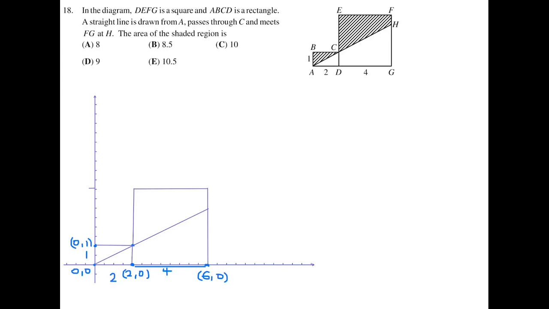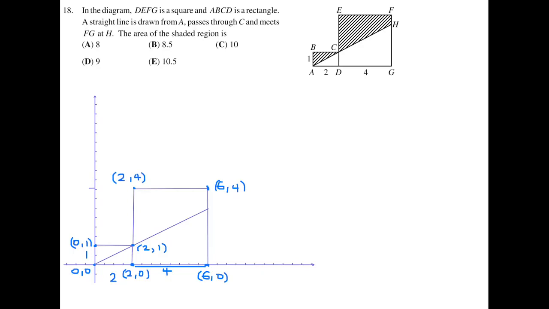This point here looks like it's 2, 1. And this point here is going to be 6, 4. And this point here is 2, 4.